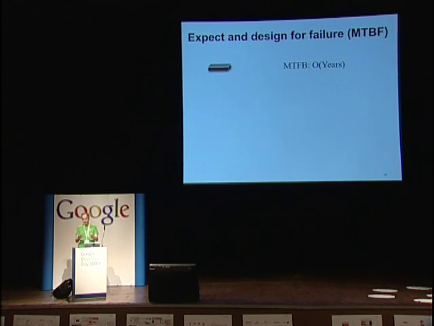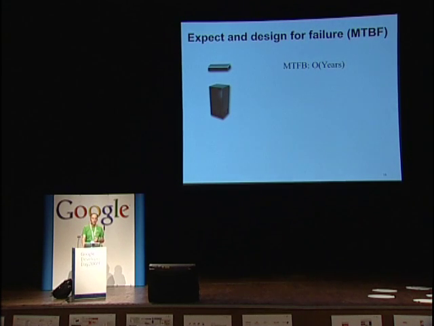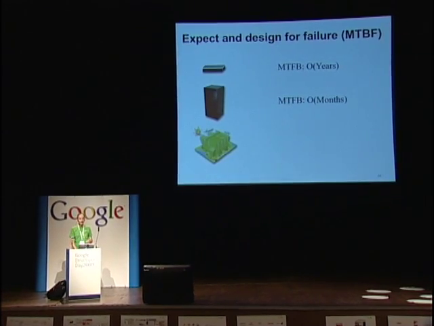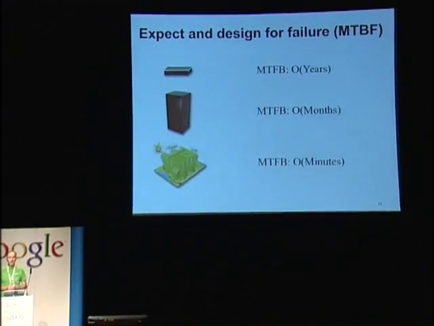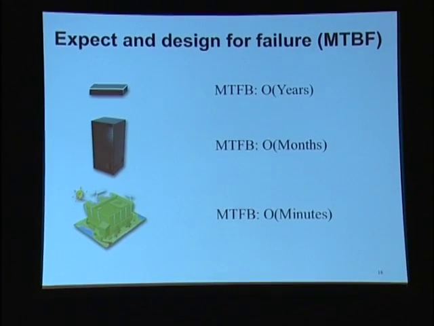If I take a computer under my desk, and I turn it on, and I just work with it, maybe every 2 or 3 years the machine will crash for some strange reason, and I have to restart it. But if I have a rack of servers, then every few months at least one of those servers will fail. If I have a data center full of servers, it's probably only going to be minutes between failures.